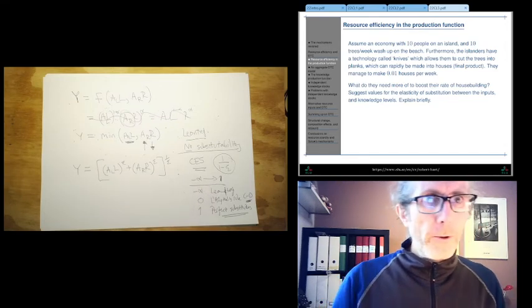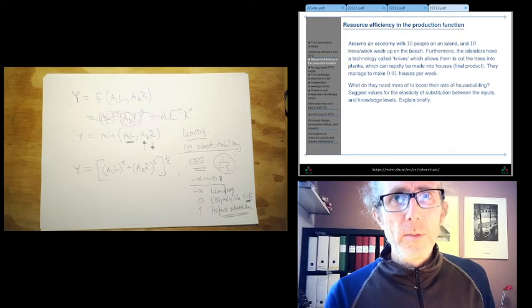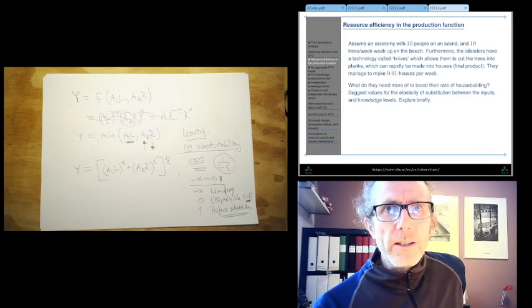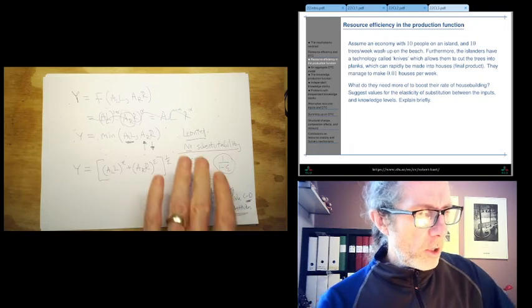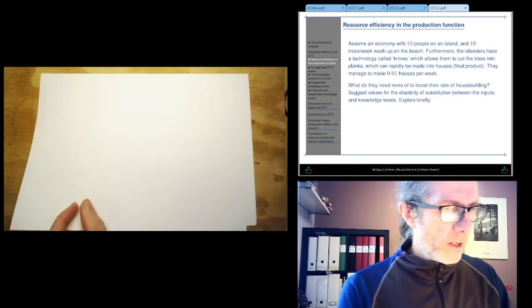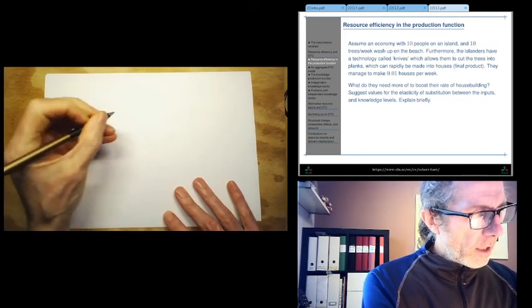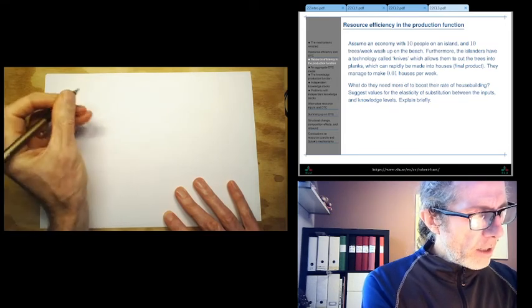Okay, fourth video on Solow's mechanisms, resource efficiency and the production function. Assume an economy with 10 people on an island and 10 trees per week wash up on the beach. So we've got households and a production arena.